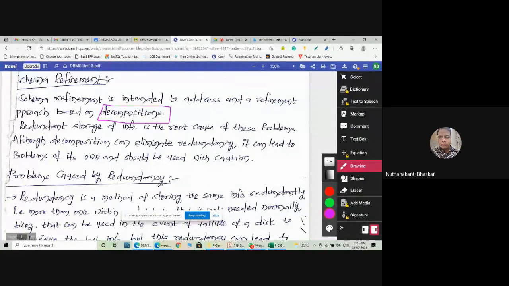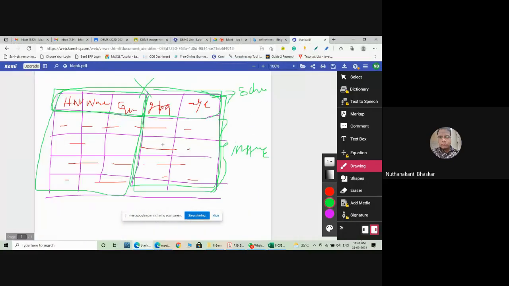Right. Now, why is this schema refinement required? Redundant storage of information is the root cause of the problems. When we insert records, the first, second, third and fourth record, maybe the hall ticket number is given as a primary key, so it never accepts redundant data.